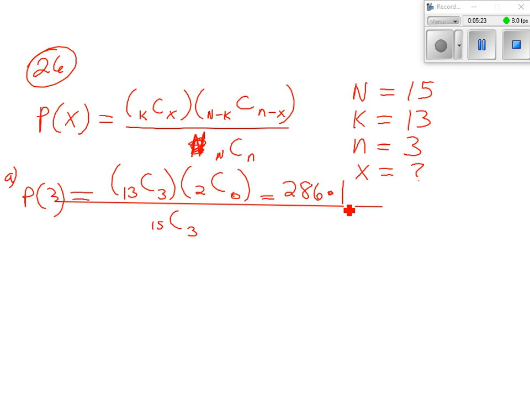How do you get the C? You go to math, then go over to probability. Remember, you gotta put in the first number, then go to that, then put in the second number. And 15C3 is how much? 455.